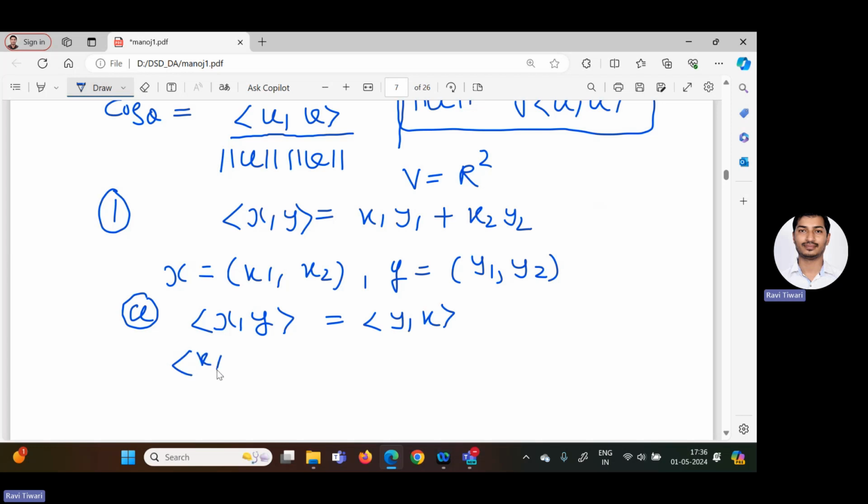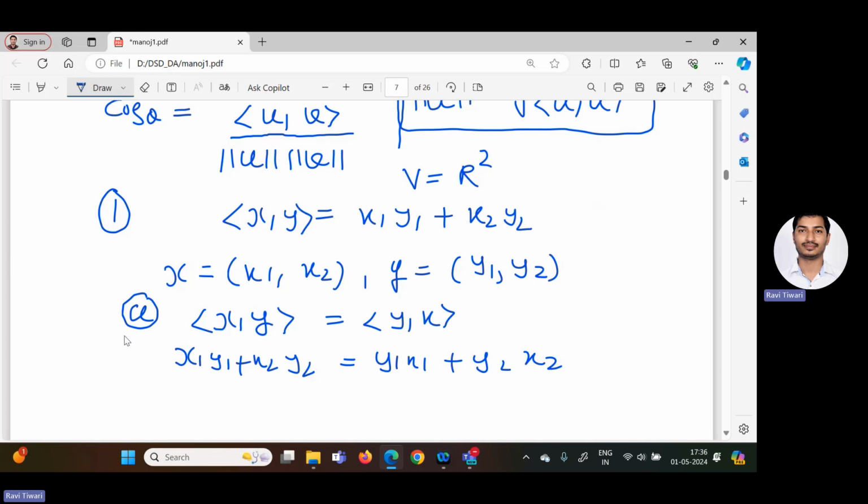So inner product of X and Y we can write as X1 Y1 plus X2 Y2. And inner product of Y and X is also equal to Y1 X1 plus Y2 X2. So simply you can see these two are equal, so this will satisfy the first property.